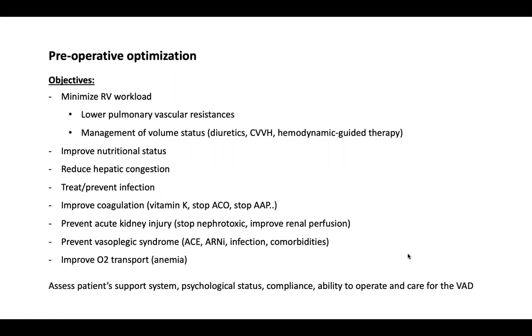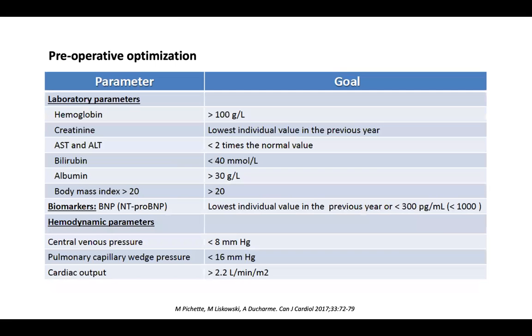You need to improve his nutritional status if it's feasible, reduce hepatic congestion, treat and prevent any infection, and improve coagulation. Some centers give vitamin K before. Prevent acute kidney injury, prevent vasoplegic syndrome, and improve oxygen transport. Basically, those are the main goals you want to achieve before a durable MCS.